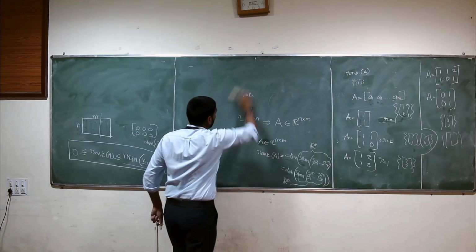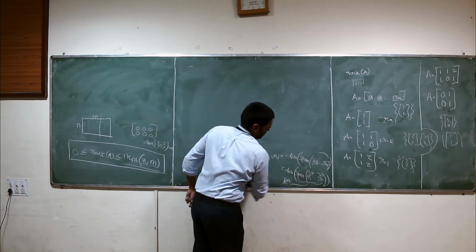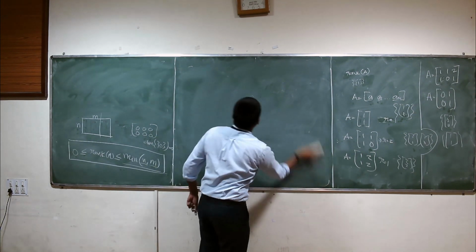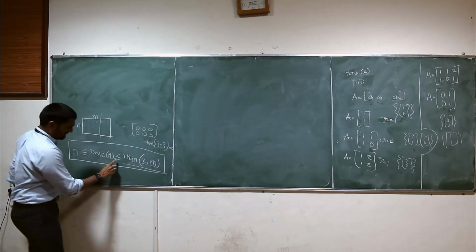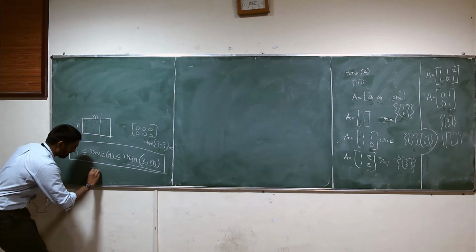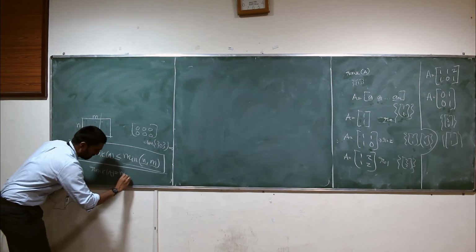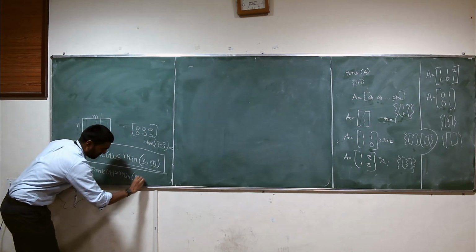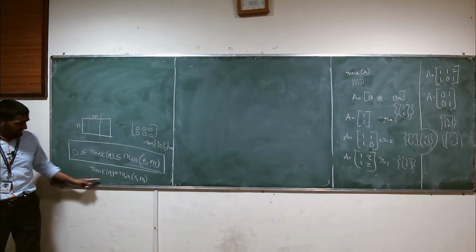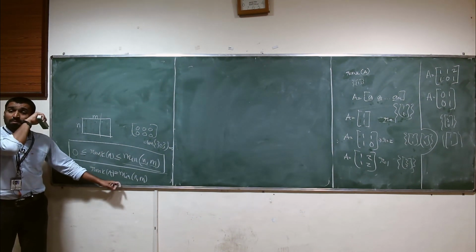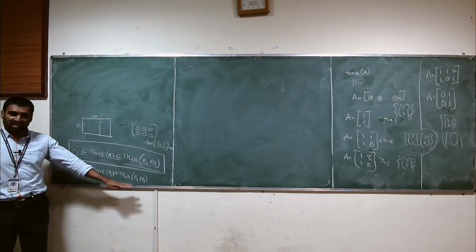Now, whenever you have a matrix whose rank is equal to the minimum of n comma m, then we say this is a full rank matrix. That is the maximum possible rank it could have, and it attains that.